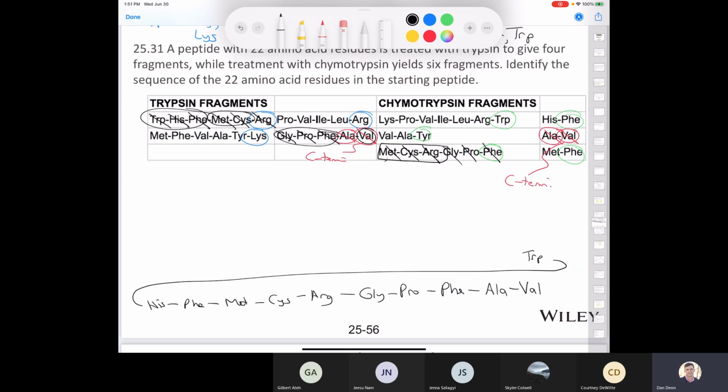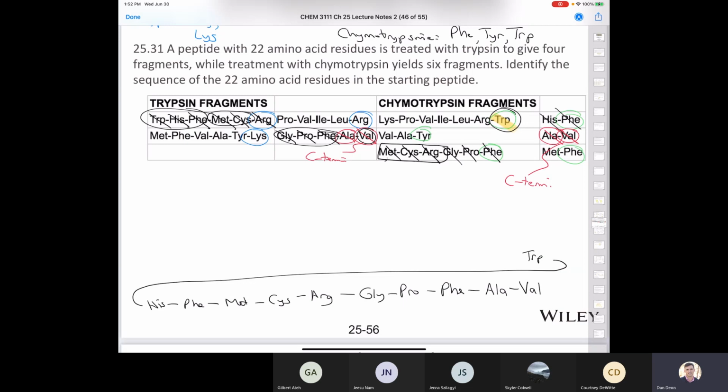Well, I see that this is the only tryptophan in the entire thing over here in the chymotrypsin fragments, the one that I have highlighted. And I got rid of this one, the phenylalanine and the histidine. Sorry, I'm just double checking myself here.